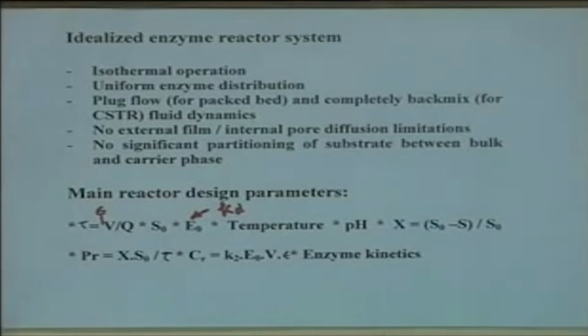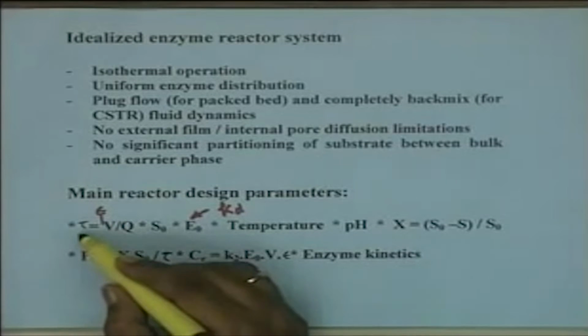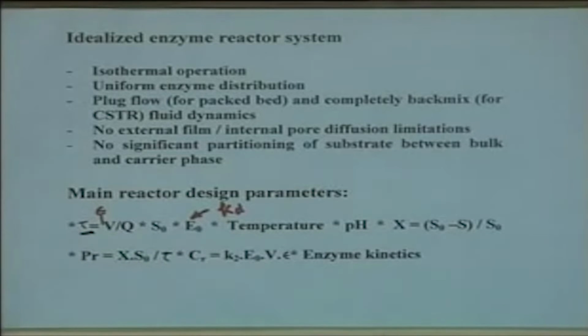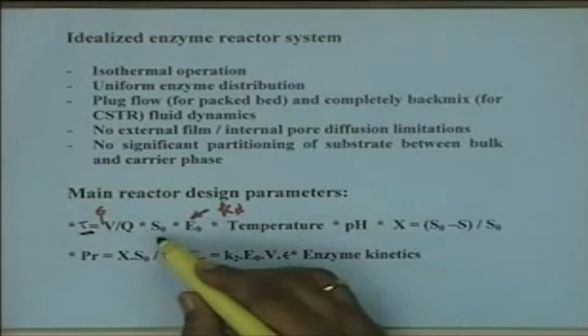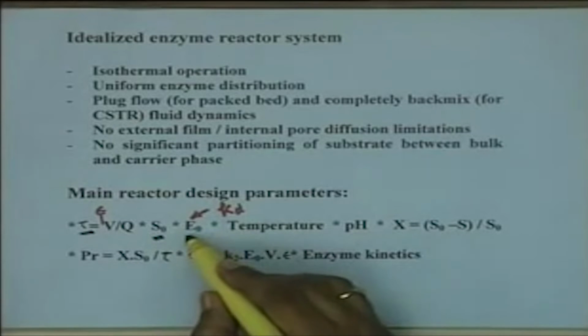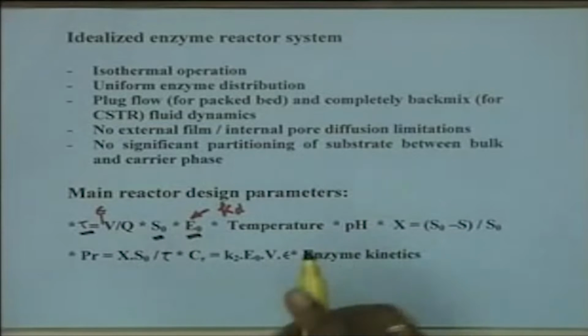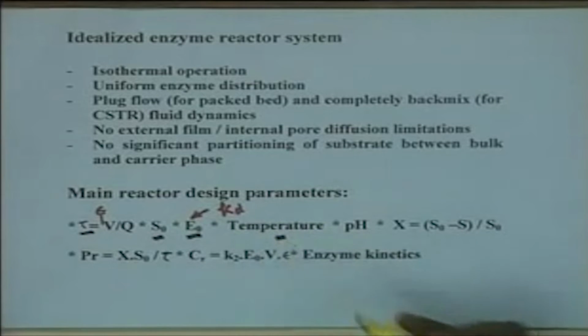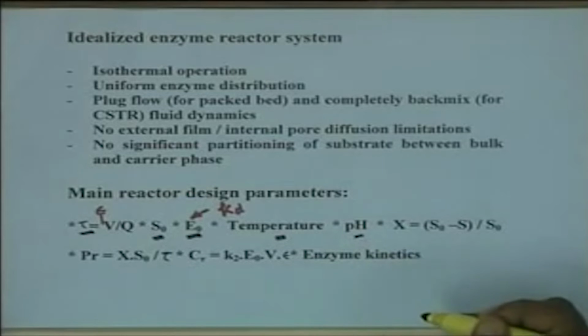And of course, the reactor design parameters, that means the parameters which we should define initially before we go on to design any particular reactor, were tau, the space time in the reactor, initial substrate concentration, enzyme loading E0. Of course, in the case of continuous operation, the information about the deactivation rate constant, Kd, is also required, then the temperature of operation, pH control.